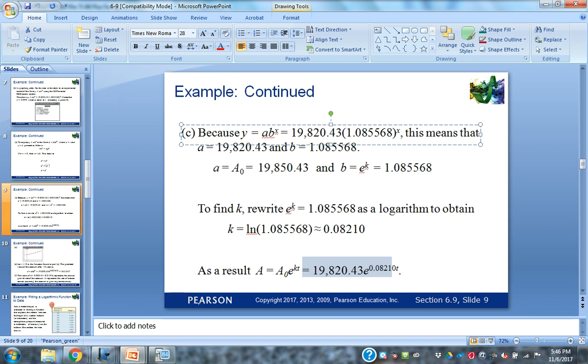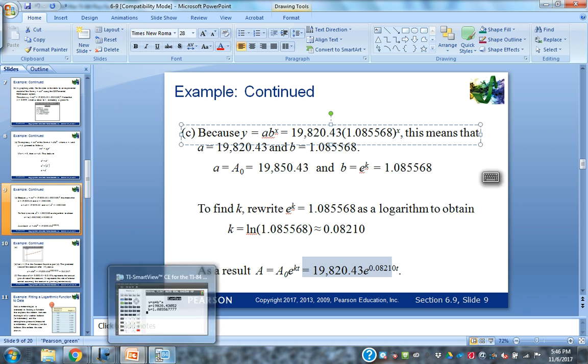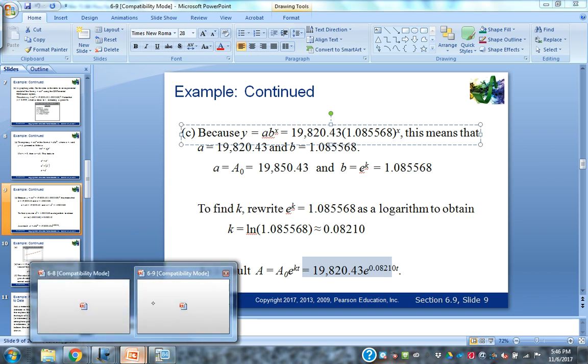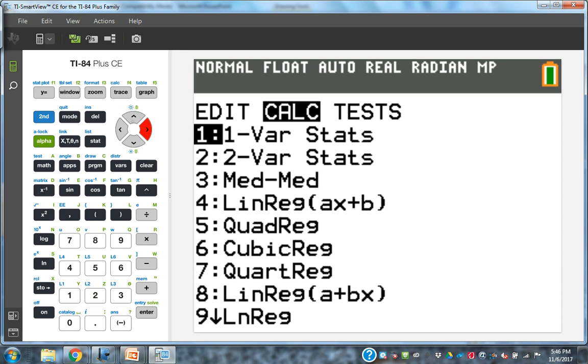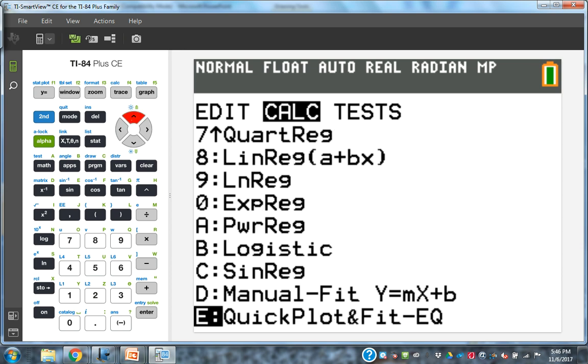So for an exponential equation, you're going to use EXP REG. For logarithmic, if they ask for a logarithmic, stat, go over to calc. We're going to use the natural log regression, LN, logarithmic, log base E, natural log regression.